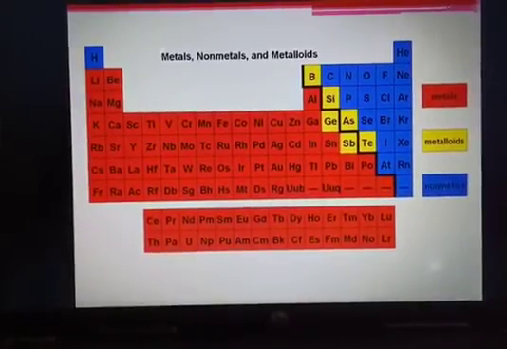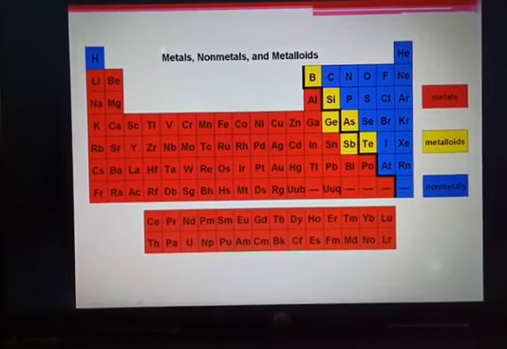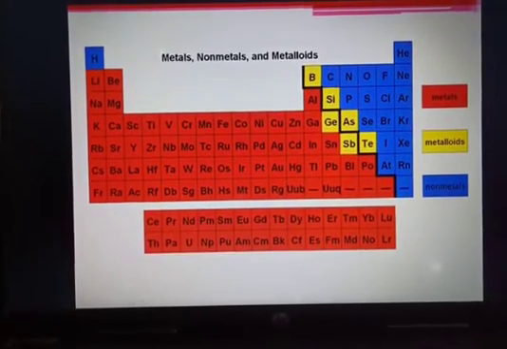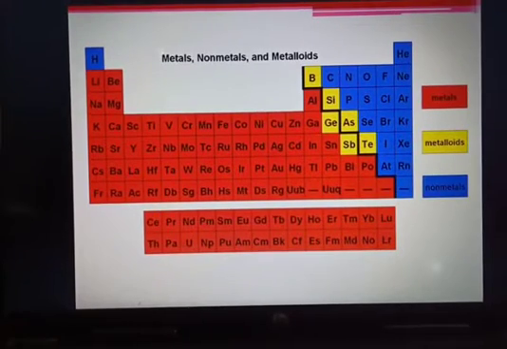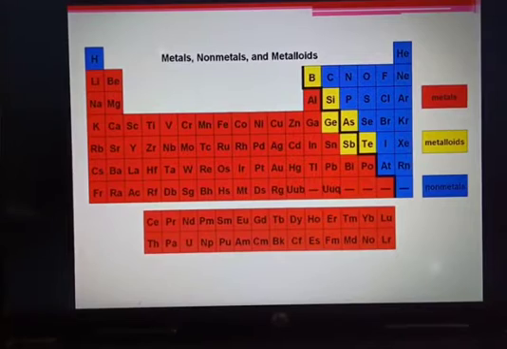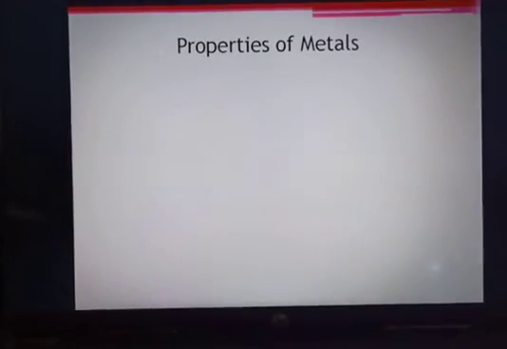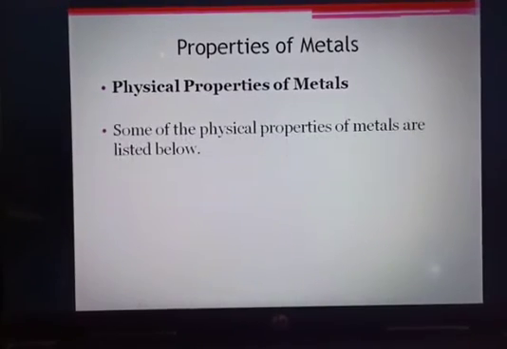So children, how are we going to differentiate these two, metals and non-metals? Yes, there are some properties which differentiate the metals and non-metals. So we will see the physical properties of metals and non-metals.